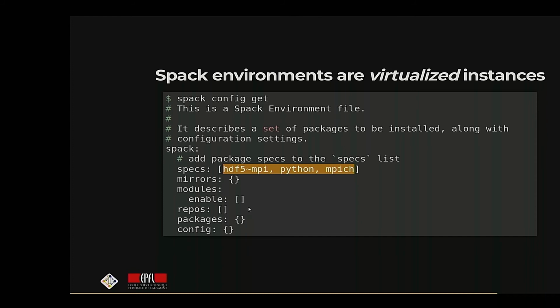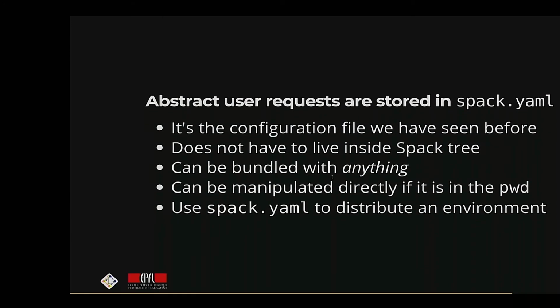But, well, if you want details about that, please reach out to me later. The idea is that once you have the abstract request, like I want to install HDF5 without MPI, Python and MPICH, then you can distribute this file with anything. It doesn't need to live within Spack. It's just handled by Spack.